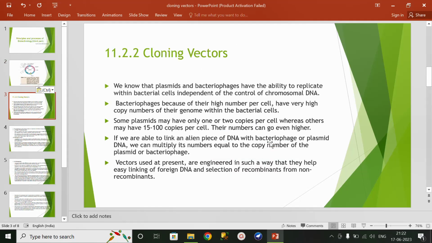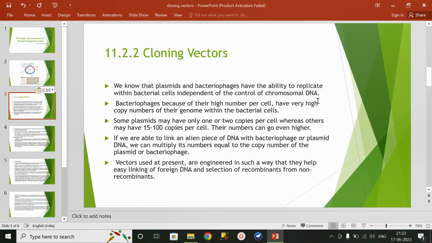Cloning vectors, as their name suggests, are responsible for cloning of a gene and insertion into a desired host cell. So what does it really contain? Here we know that plasmids and bacteriophages have the ability to replicate within bacterial cells, independent of the control of chromosomal DNA.